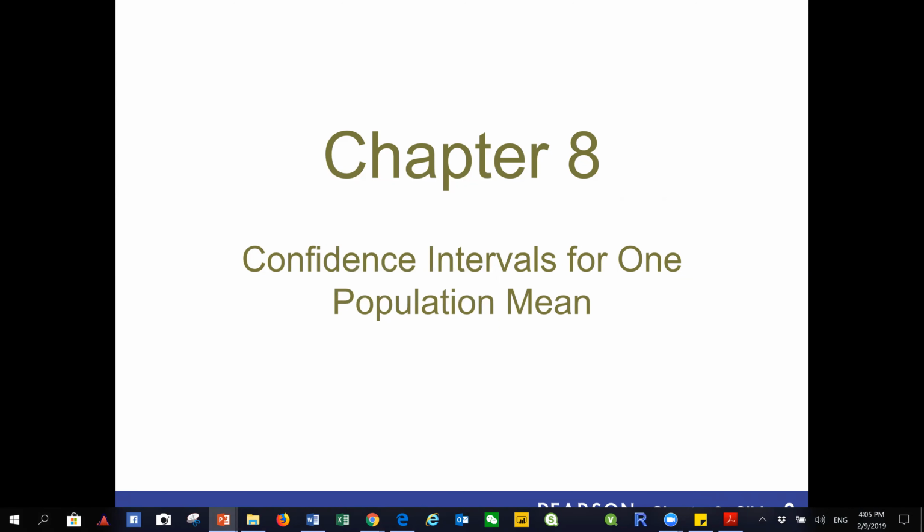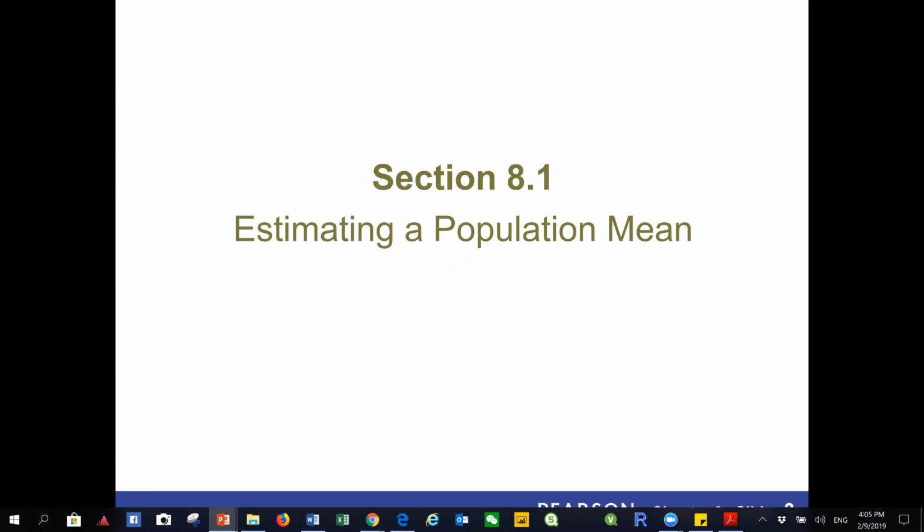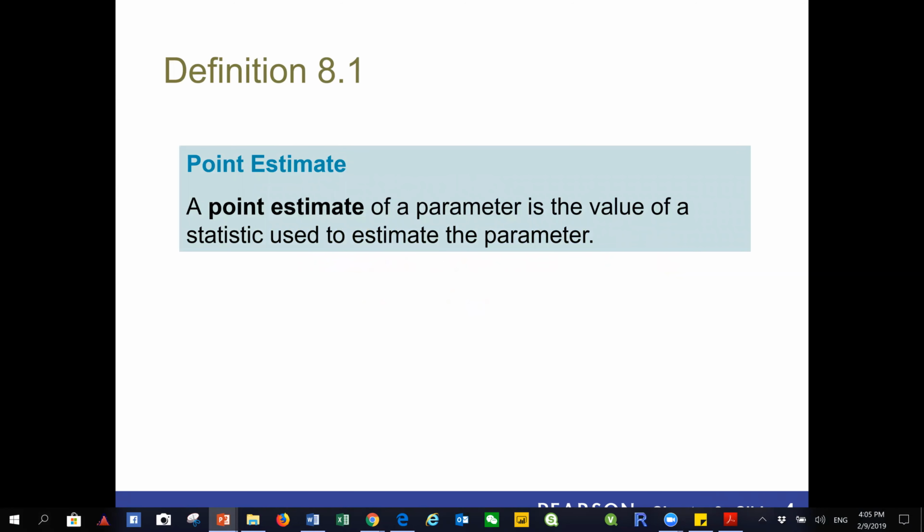When the population parameter is a mean, we use the sample mean to estimate it, so the sample mean is the point estimator. Here we see a point estimator and a point estimate. A point estimate is a specific value of a point estimator.